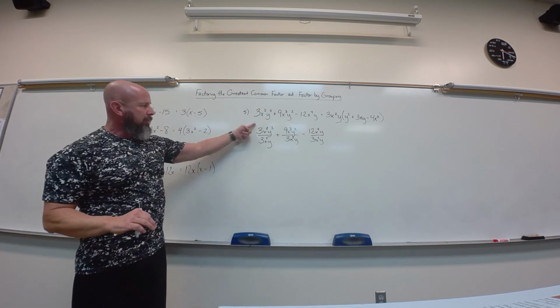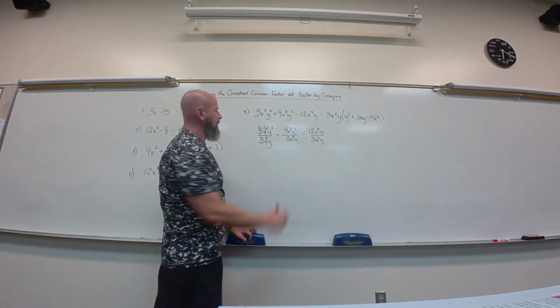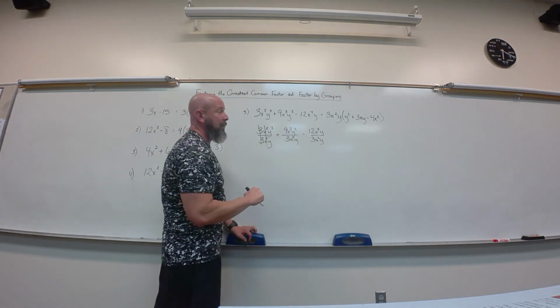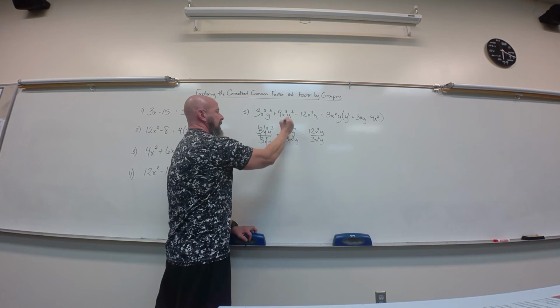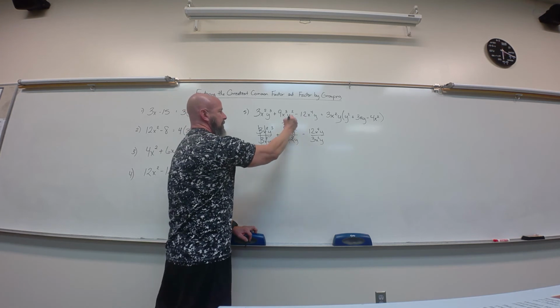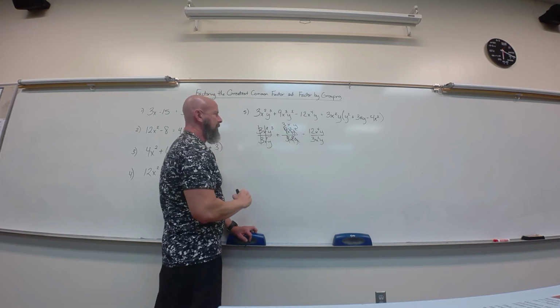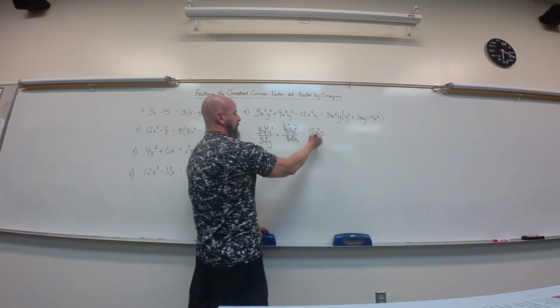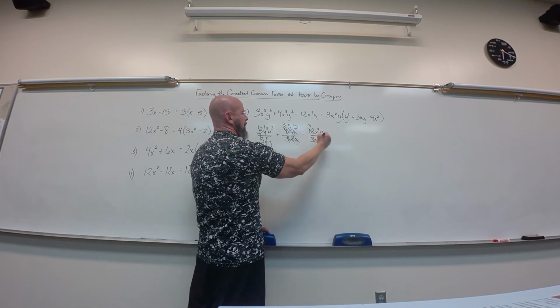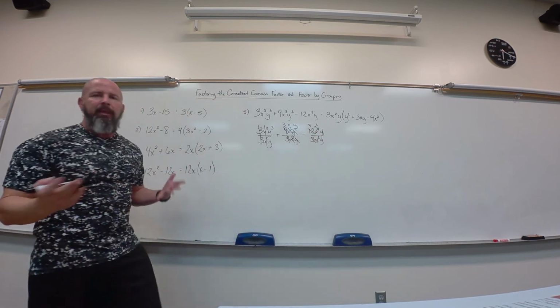So I can see the 3's are canceling here. X squared is going there, leaving me a y squared. 3 goes into 9 3 times. It's going to leave me an x up top and a y up top. There's that 3xy. 3 into 12, 4. It's going to leave me 2 x's, and y is gone. There's that 4x squared.